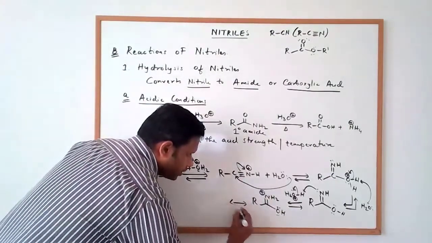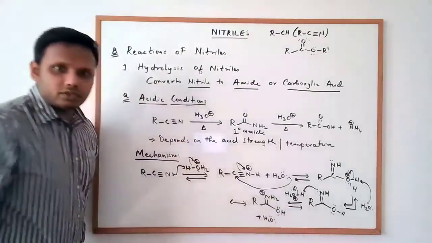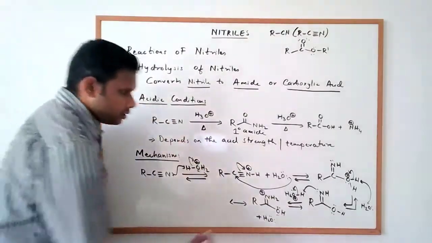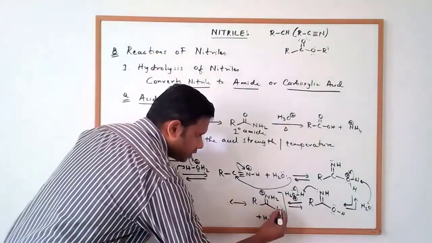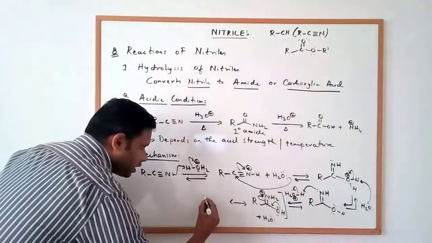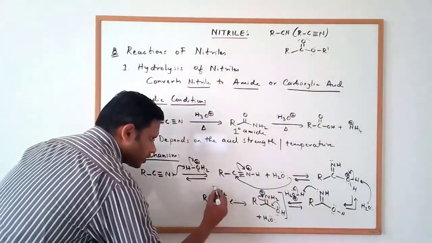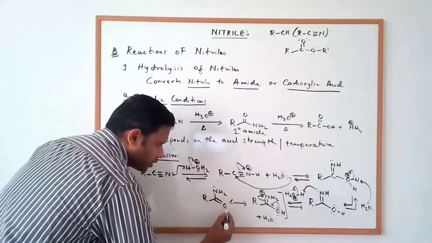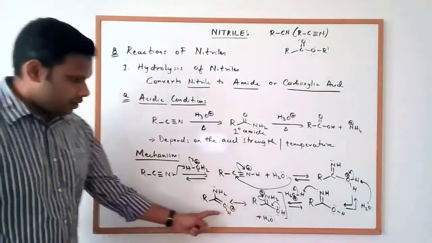And this protonated species, along with water that's formed as the side product, can undergo resonance. The oxygen can use its lone pair to do resonance, and that would bring us to NH2, lone pair, double bond, oxygen, hydrogen, one lone pair with a positive charge.